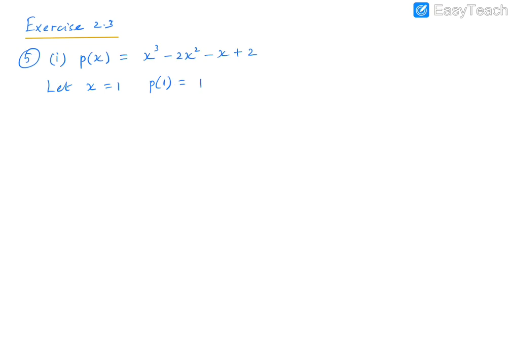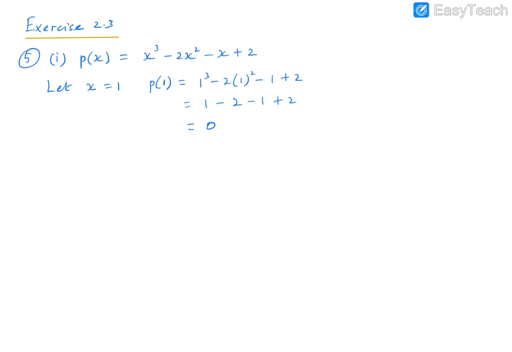So we have to substitute 1 in the expression. So it's 1 cubed minus 2 into 1 squared minus 1 plus 2. So 1 cubed is 1, minus 2 into 1 squared is minus 2, minus 1 plus 2. So we have 1 and minus 1 cancelling out, minus 2 and plus 2 cancelling out. So that evaluates to 0.